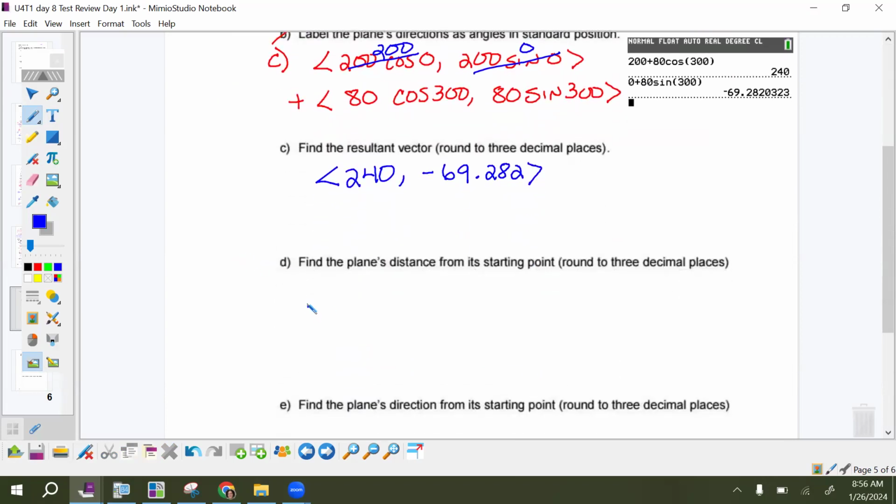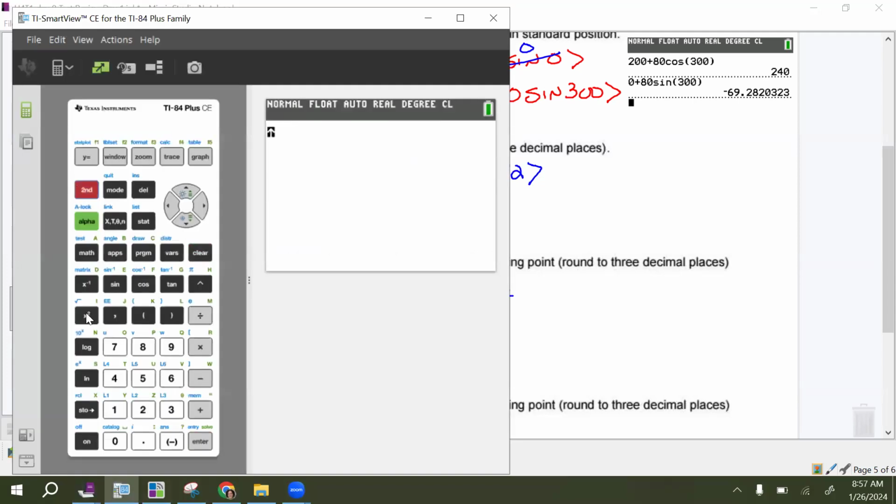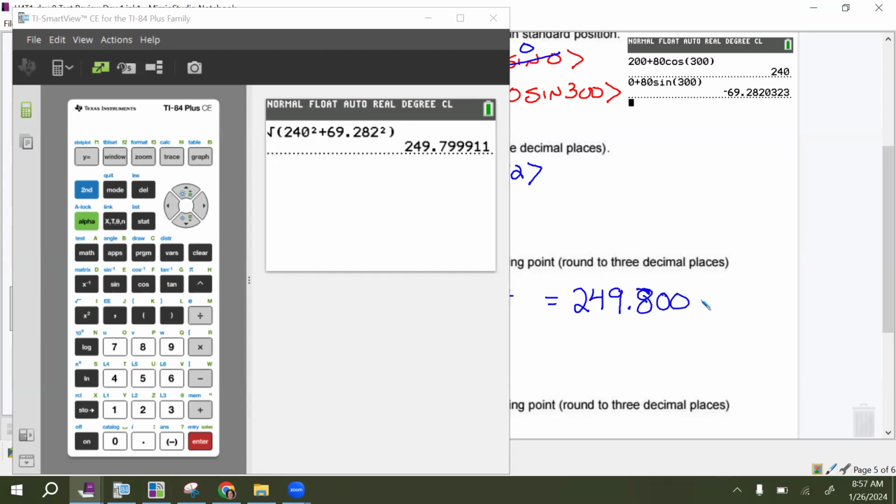Distance is magnitude. Let's go 800 kilometers, I think.